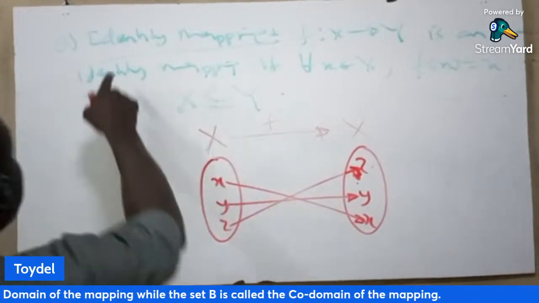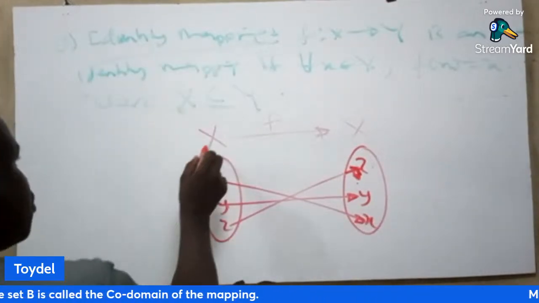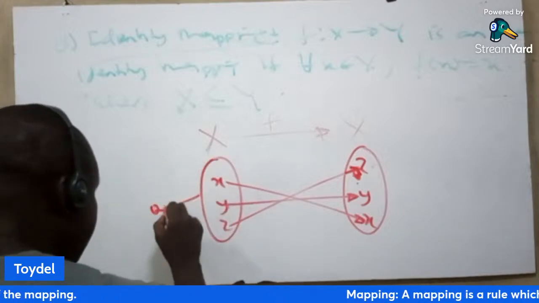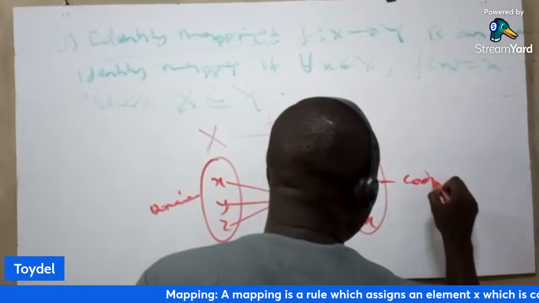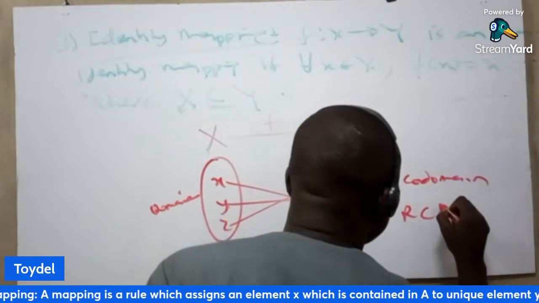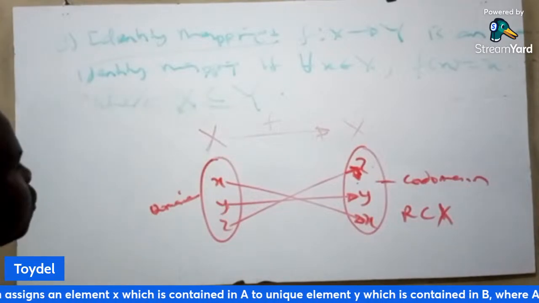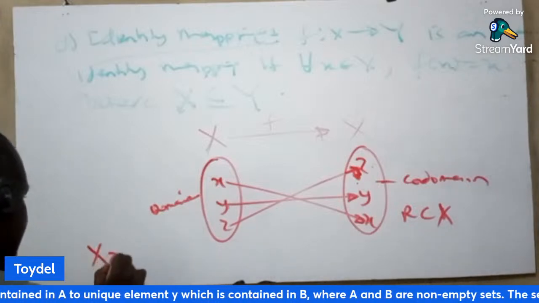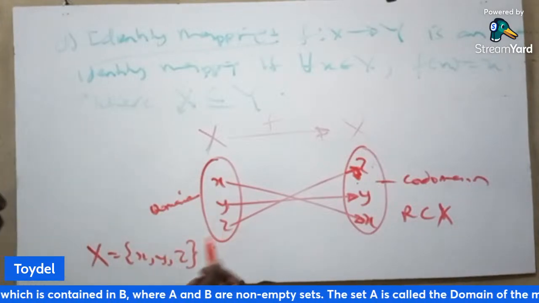In this case now, under identity mapping, it has a unique property that both the domain, this one is called the domain, okay, and the codomain, and the range, which is the subset of the codomain, everything are equal. Under identity mapping, the domain has x, y, z as the elements, as you can see on the board.